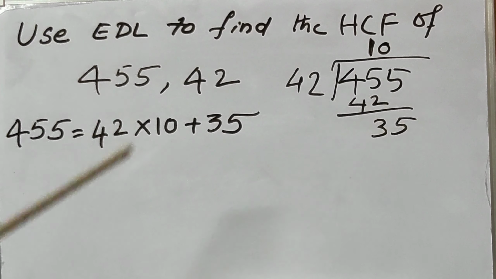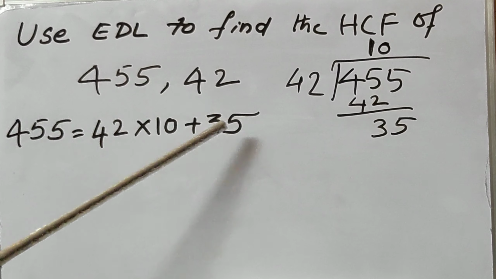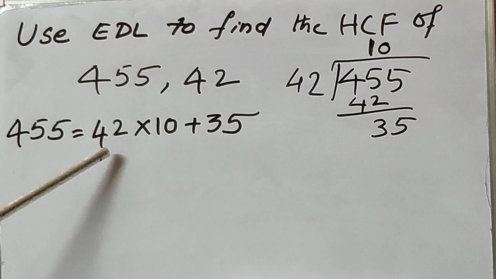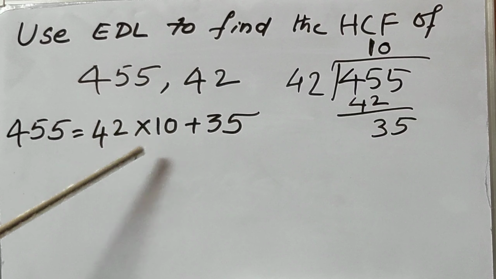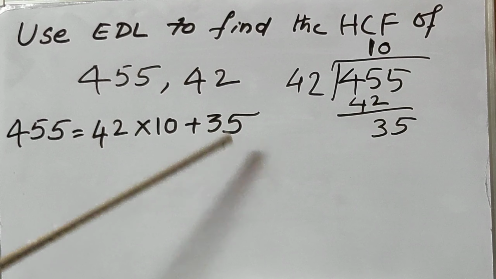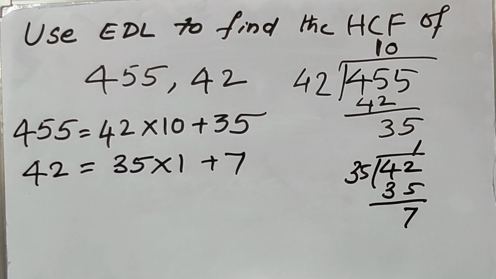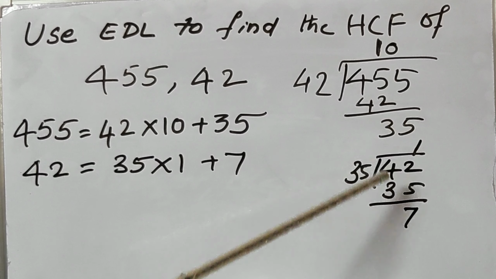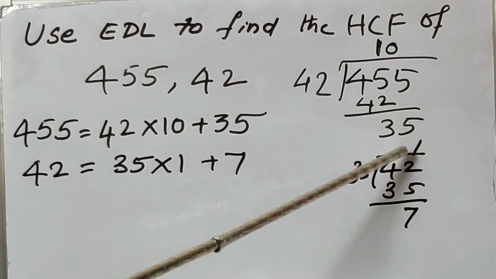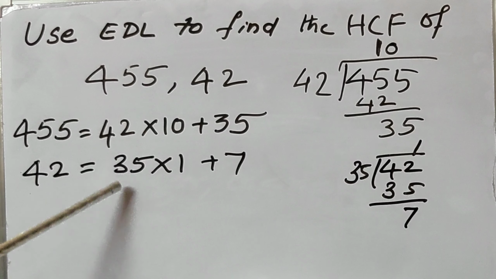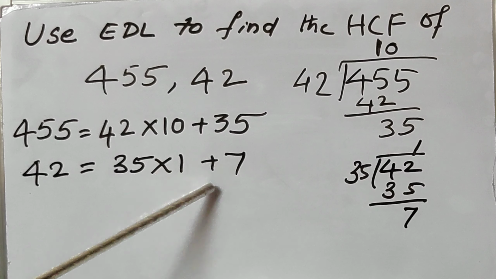Next, again we take 42 and 35 and do the long division, using the divisor and the remainder from the first step. 42 divided by 35, we get quotient 1 and remainder 7. So 42 = 35 × 1 + 7.